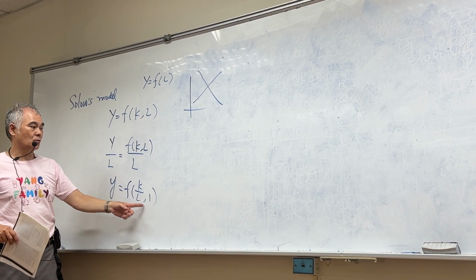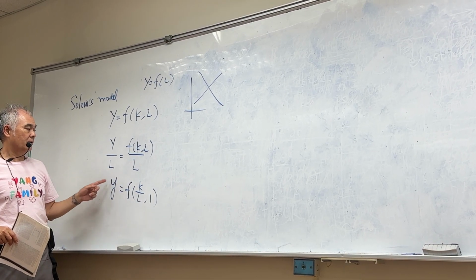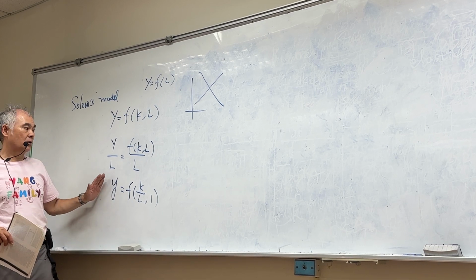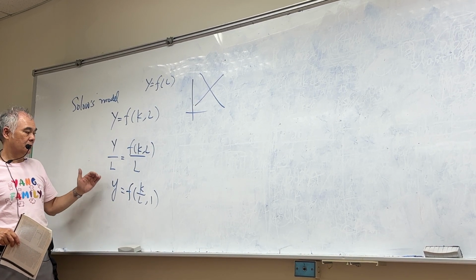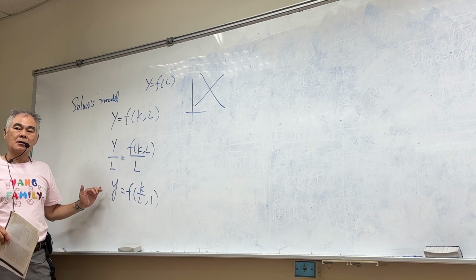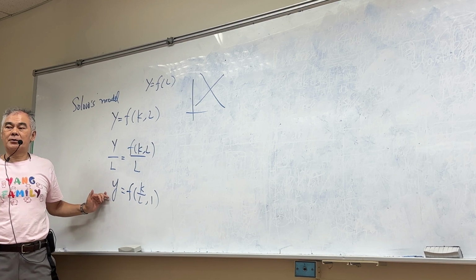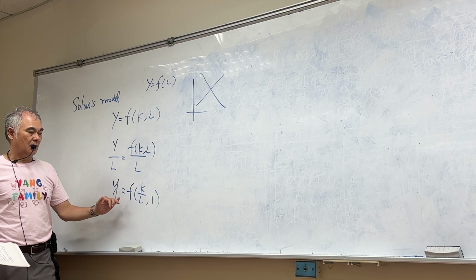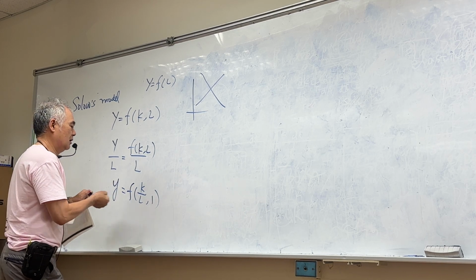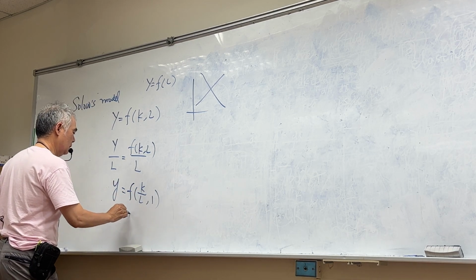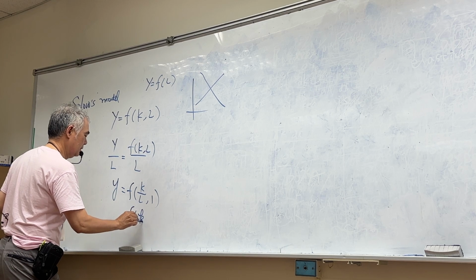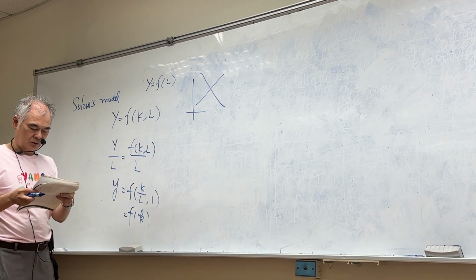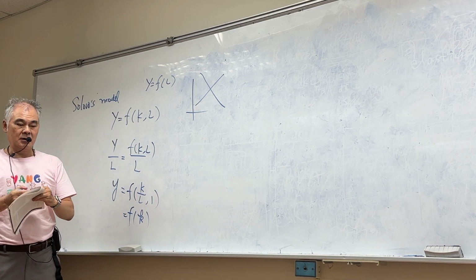And since this is 1, the left-hand side, from Y divided by L, becomes per capita. Per capita means per person, per person production. And now we turn this to F(k). Questions?